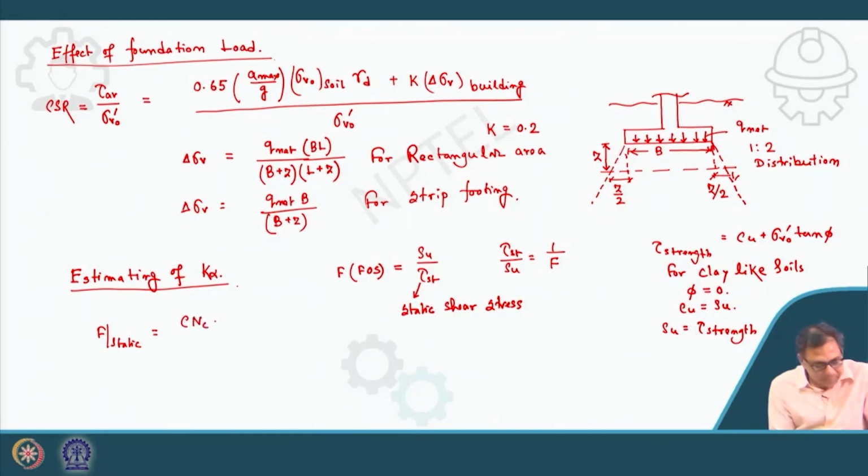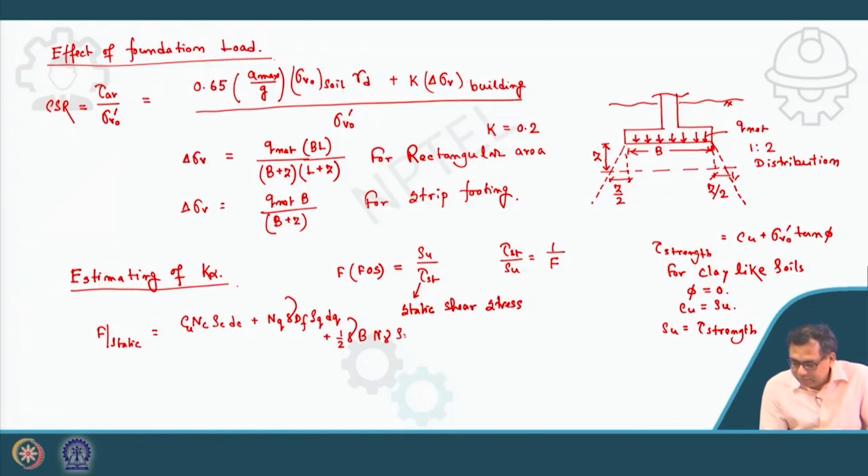CNC or CuNC or SuNC, then SC, DC if it is not inclined. Then NQ, gamma DF, SQ, DQ plus half gamma B, N gamma, S gamma, D gamma, minus gamma DF.